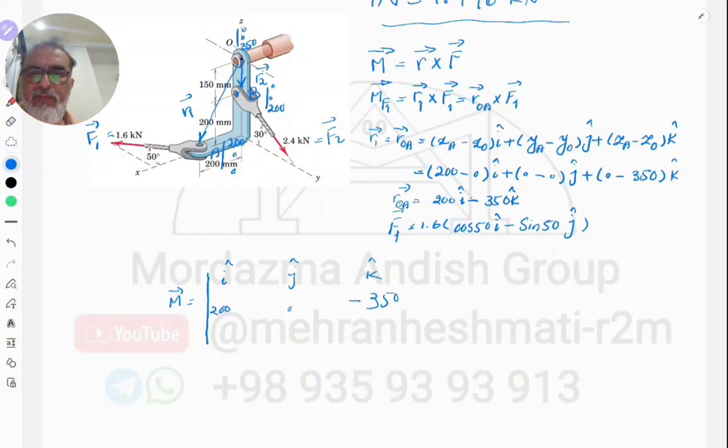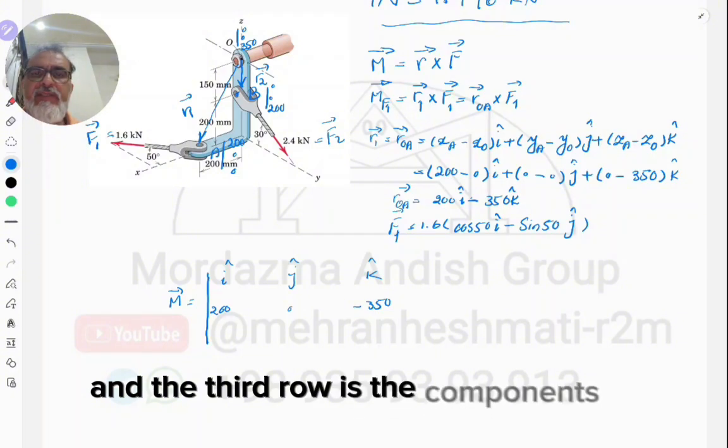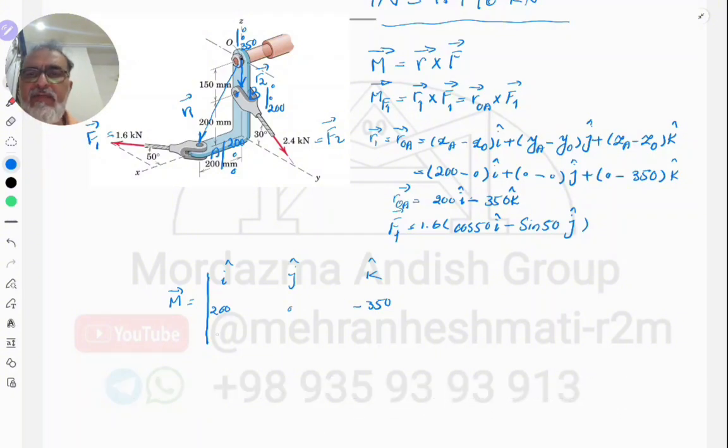And the third row is the components of F, meaning 1.6 cosine of 50, minus 1.6 sine of 50, and 0.